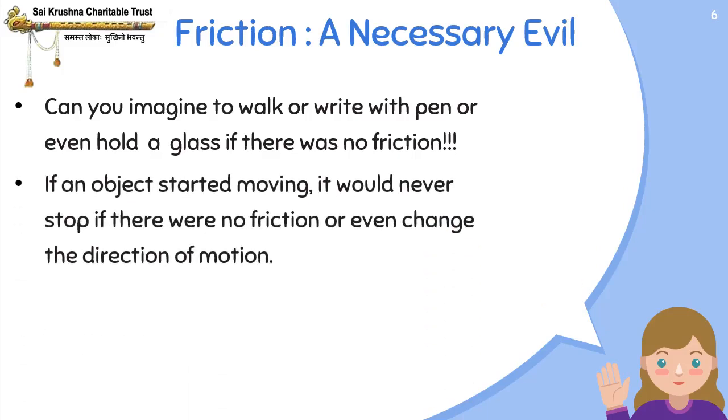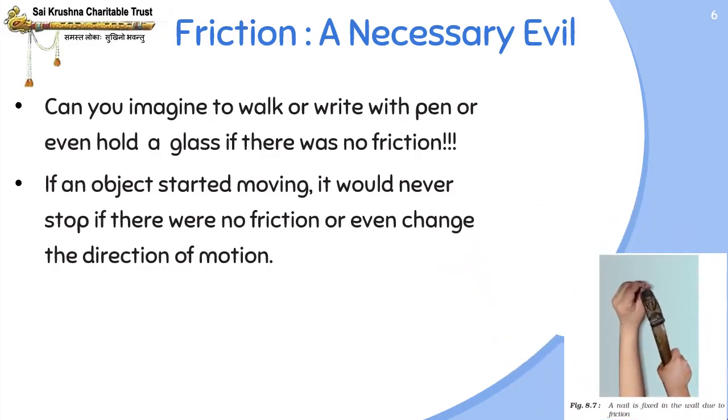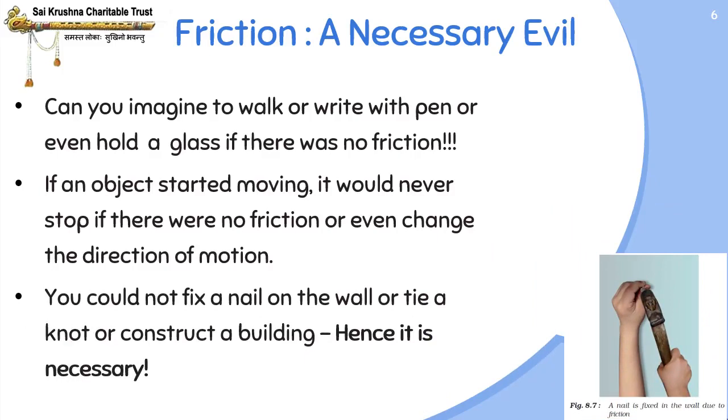Or suppose we are going somewhere in a car and the driver applies the brakes, but if there is no friction, the car would never stop, or even changing the direction of the car would not be possible. It won't even be possible to hammer a nail into the wall, or tie a knot, or construct a building.